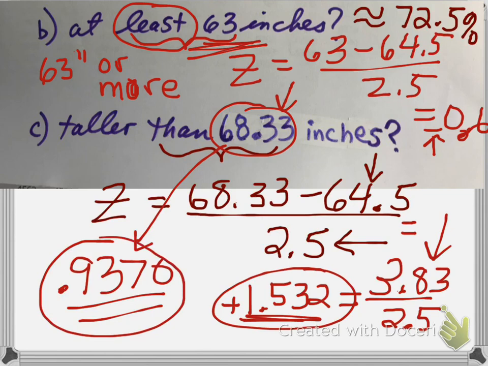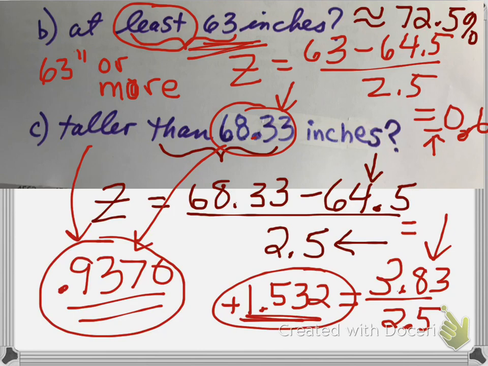And if you think about it, you're saying that 94% of the population is taller than about 5'8.5". The average female is 64.5, so that's 50%. So you're saying that they're taller than that?